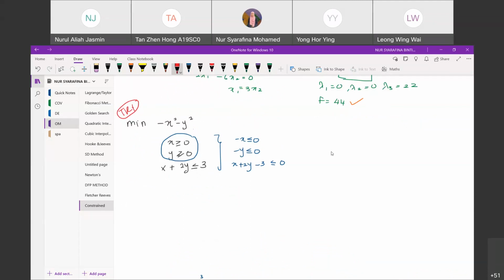Then just list down all the conditions. Directly you can see that this constraint will touch the region, so this is the active constraint. This is passive. Try to identify the values of x1, x2, and lambda 3.